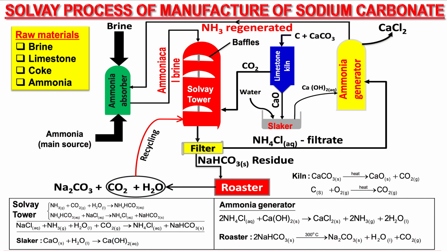Then once ammoniacal brine is formed, it is taken to the Solvay tower where it meets carbon(IV) oxide, coming from the limestone kiln by decomposition of calcium carbonate. Now the carbon(IV) oxide, when it gets to the Solvay tower, combines with ammoniacal brine to produce sodium hydrogen carbonate and ammonium chloride.